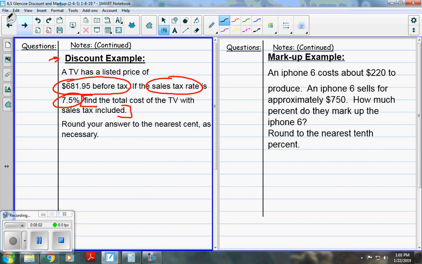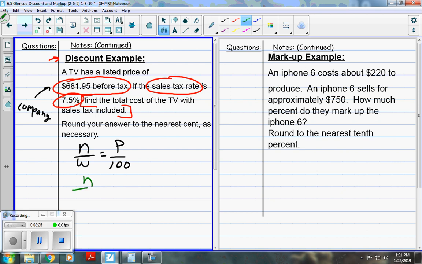And again, I'm going to continue modeling the percent proportion because it was what was used most. Remember, before tax means that the company gets all of this money. We're finding out the amount of tax which goes to the government.